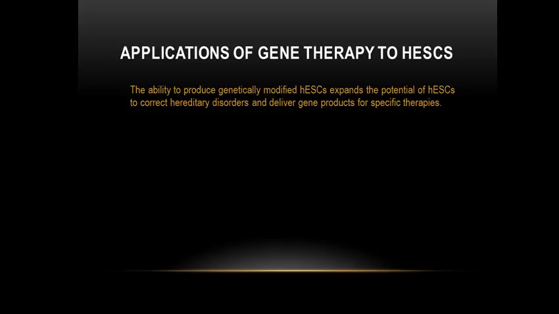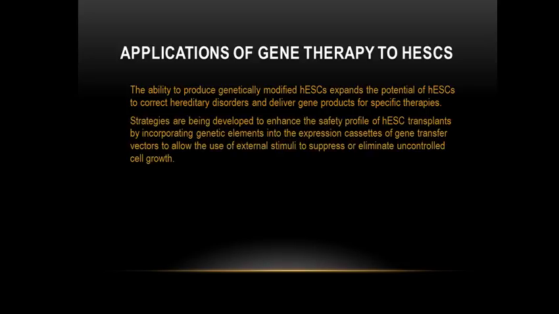Applications of gene therapy to human embryonic stem cells. The ability to produce genetically modified human embryonic stem cells expands the potential of human embryonic stem cells to correct hereditary disorders and deliver gene products for specific therapies.